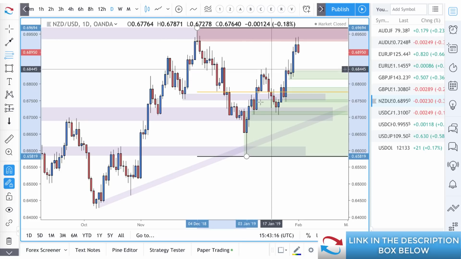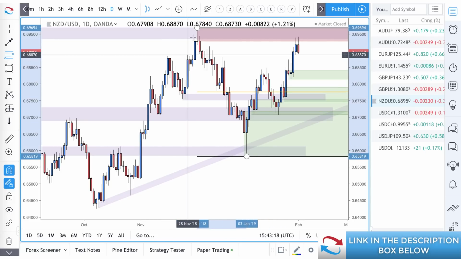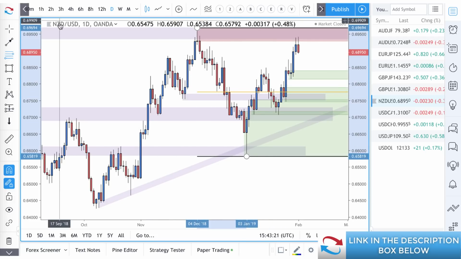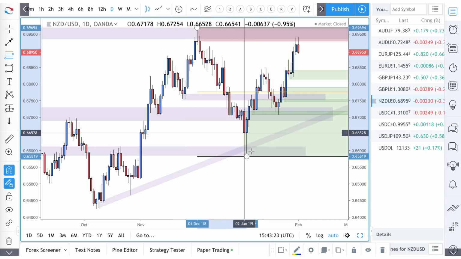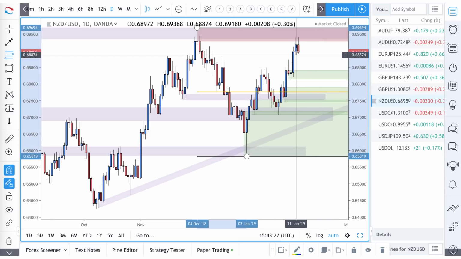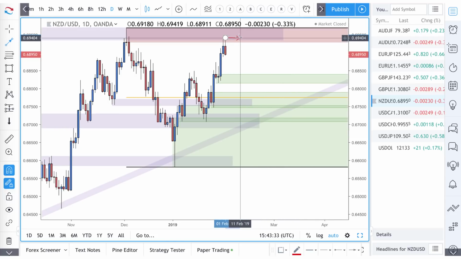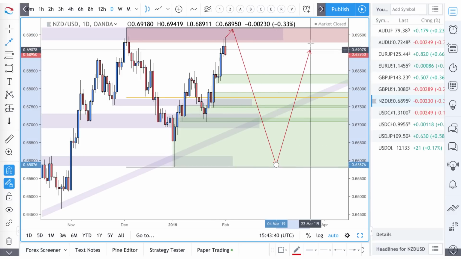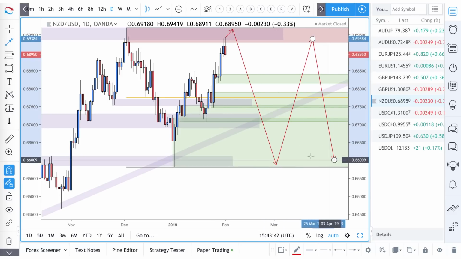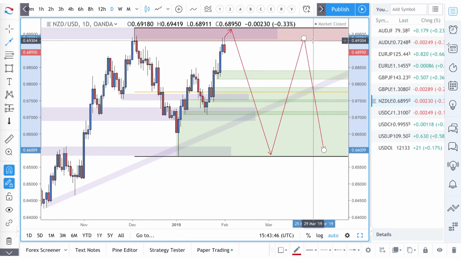For the New Zealand dollar, buyers obviously got in here. There was an absolute bargain for the New Zealand dollar down here. So what we could see is prices start to range between this 0.69 level and up to here, between the lower end of the range and the higher end of the range.